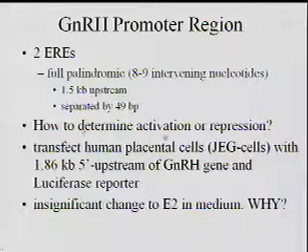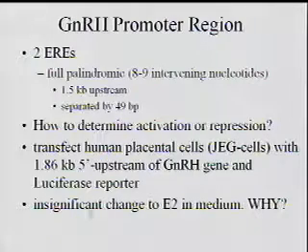So how to determine the activation or repression is the question. Well, you transfect human placental JEG cells with the 1.86, you've got to get past that 1.5 upstream of the GnRH gene, and use a luciferase reporter gene.